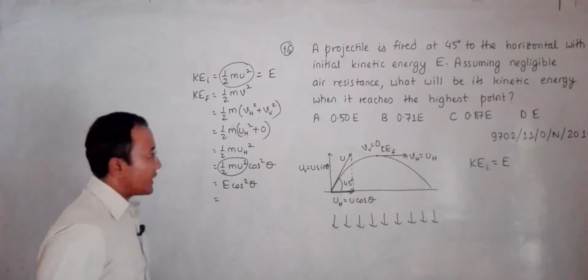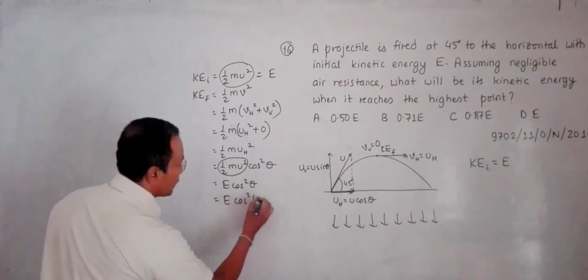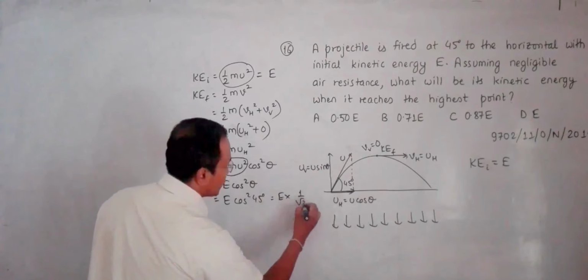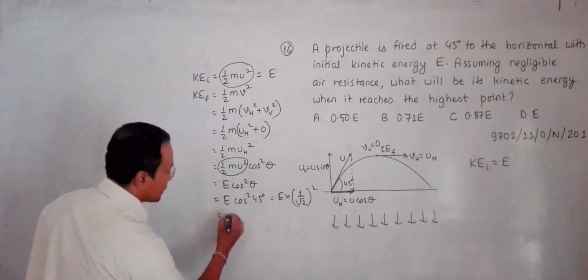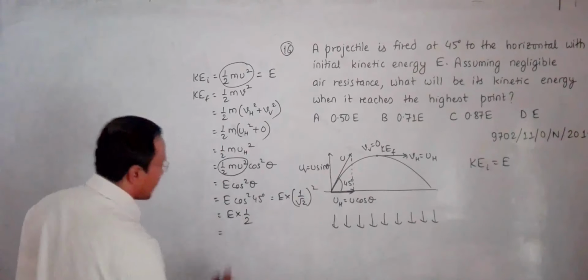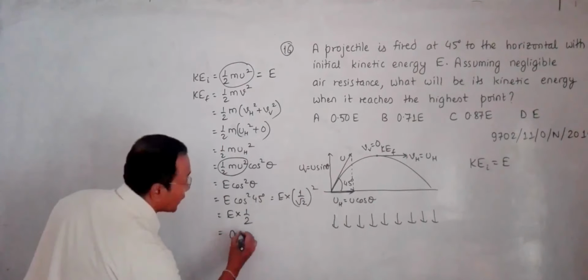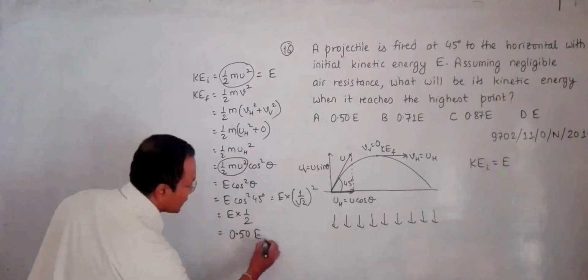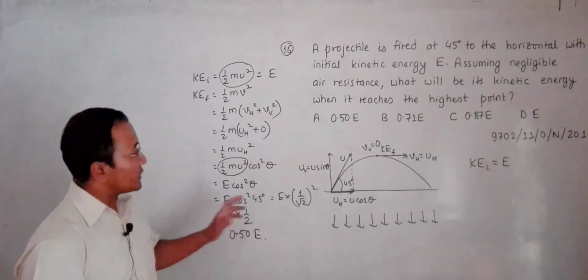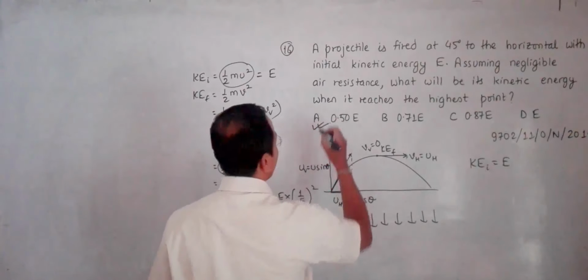Now theta is equal to 45 degrees, so this gives E cos squared 45 degrees, which is E into 1 by root 2 squared, which is E into 1 by 2. So the KE final is equal to 0.50 E. This means the KE at the highest point is half of the KE at the initial point. So choice A is the correct answer.